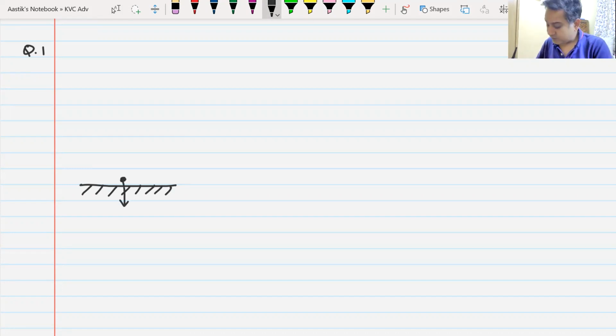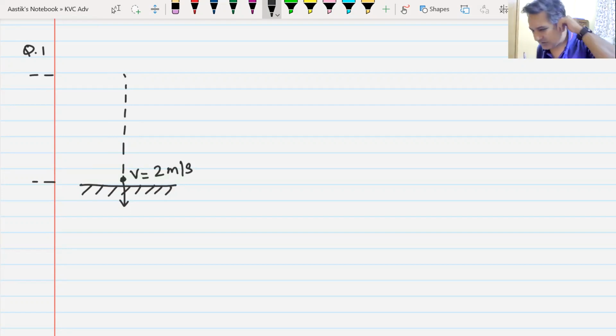It hits the ground with a velocity, let us say 2 meters per second. I could have instead given that it falls from a certain height, but it doesn't matter; you just have to find the velocity with which it hits the ground.